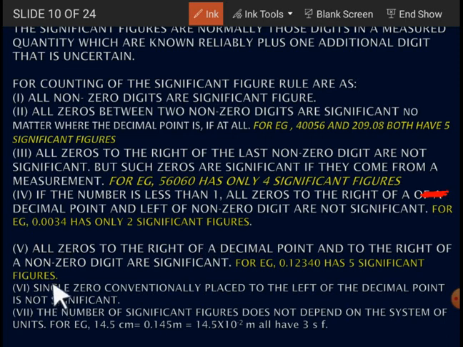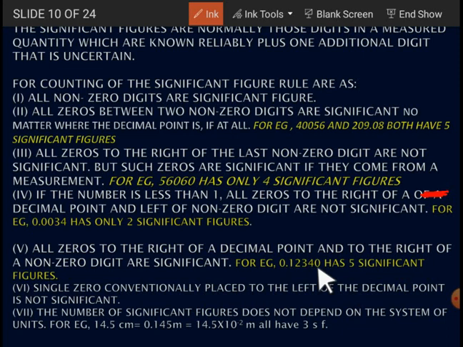Got it? Yes. Next, all zeros to the right of a decimal point and to the right of a non-zero digit are significant. For example, 0.12340. This 0 is to the right of the decimal point, and also to the right of this non-zero digit.